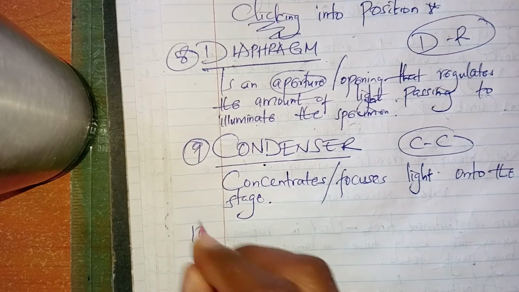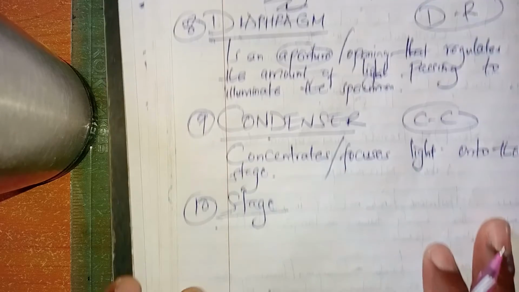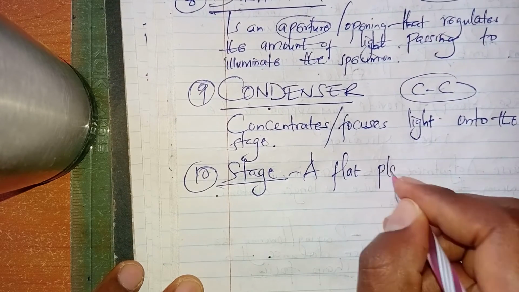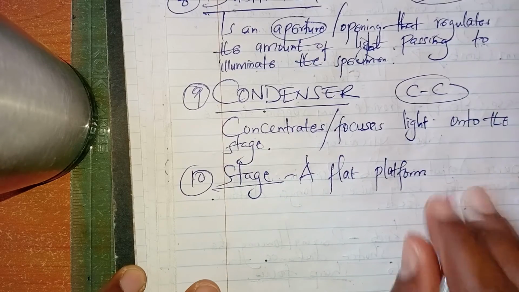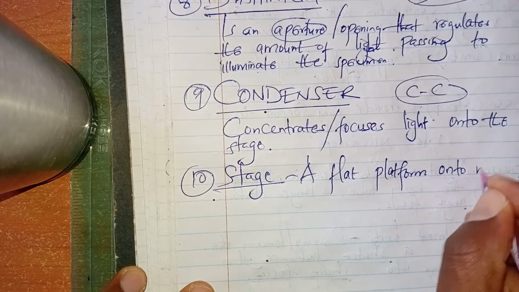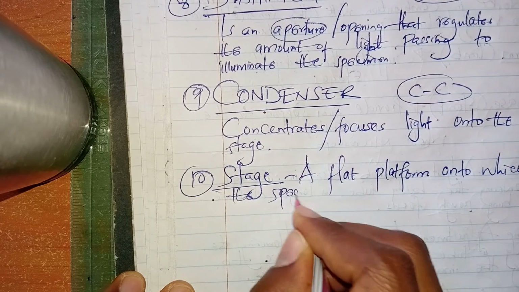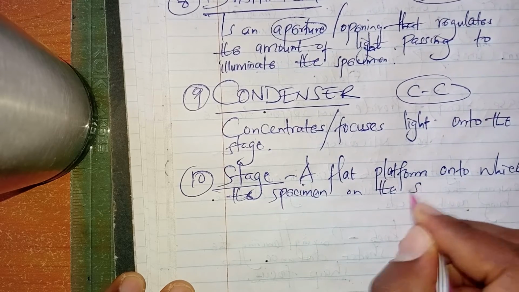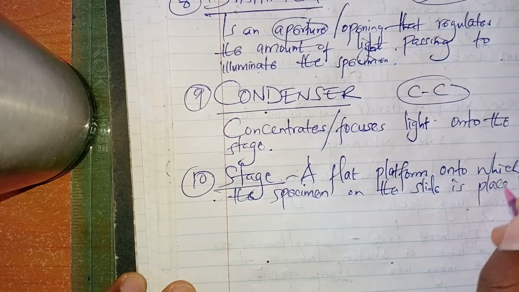We have the stage, number 10. The stage is a flat platform onto which the specimen on the slide is placed.